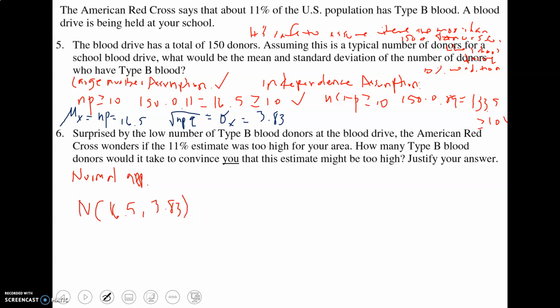If it's normal, we can use the empirical rule, right? And the empirical rule says that within 2 standard deviations, you have 95% of the population.